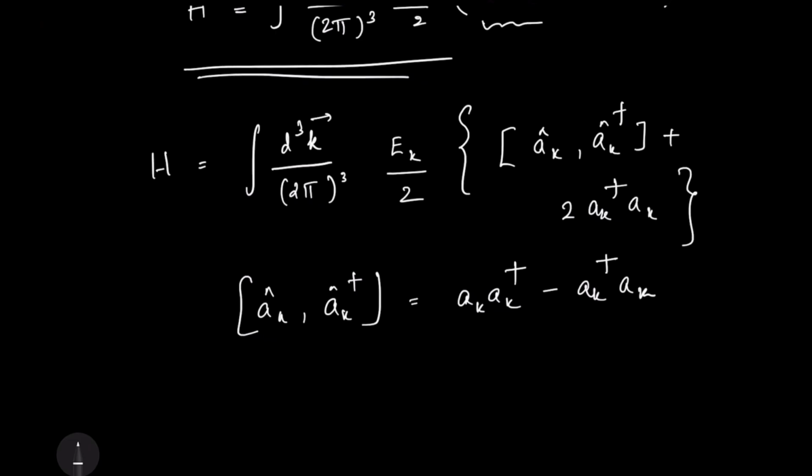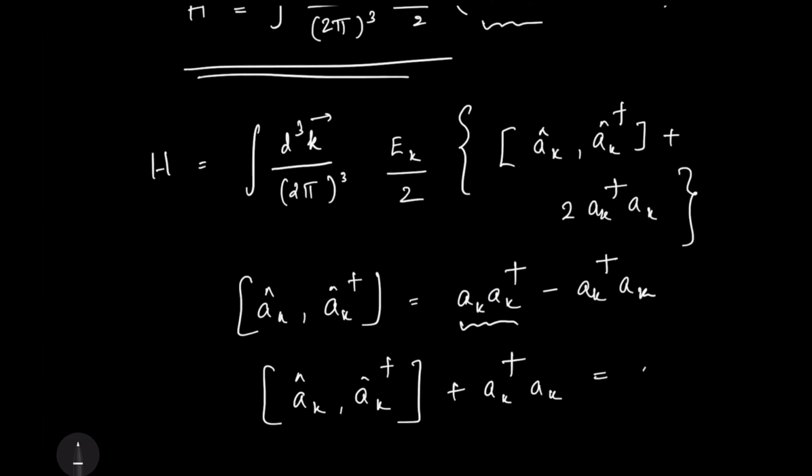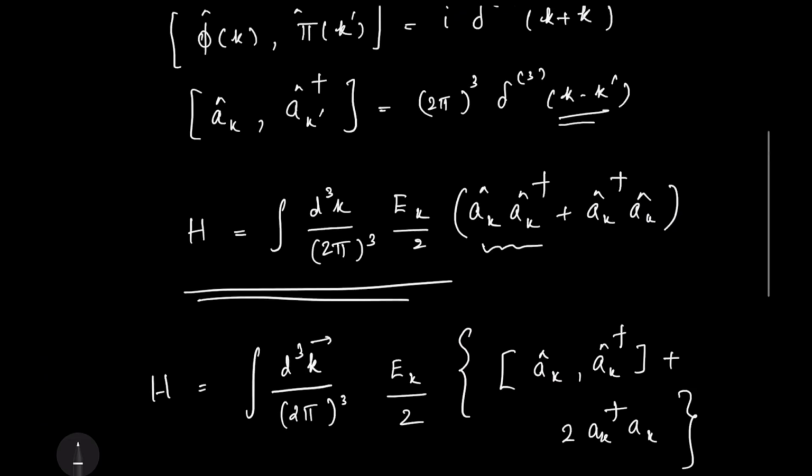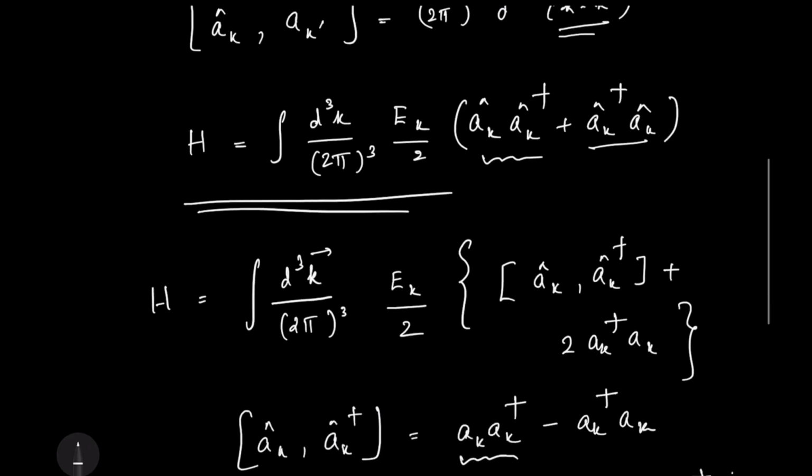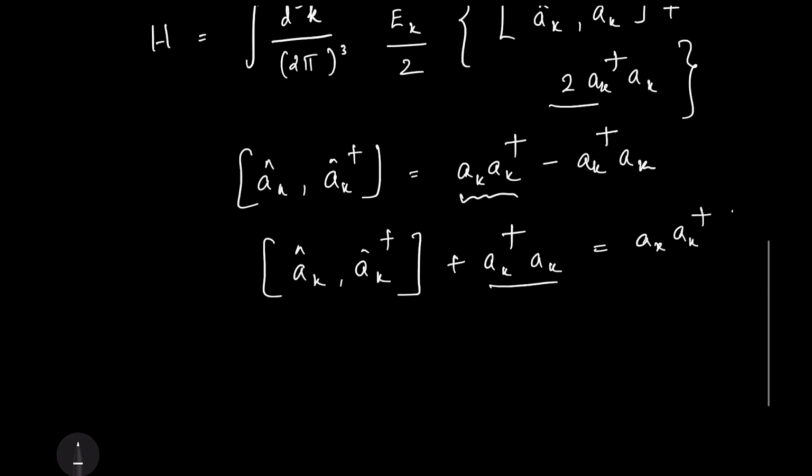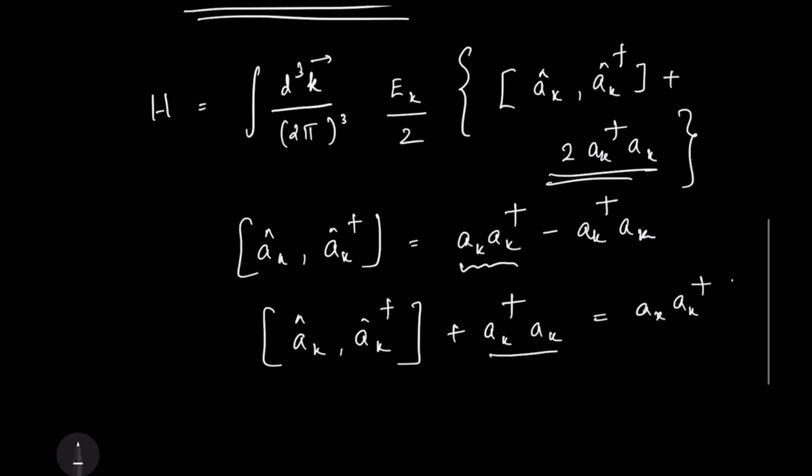So I can replace a_k a_k† by the commutator of a_k and a_k† plus a_k† a_k. And already there is an a_k† a_k here, so this will be 2 times a_k† a_k. Okay, so that will be the Hamiltonian.